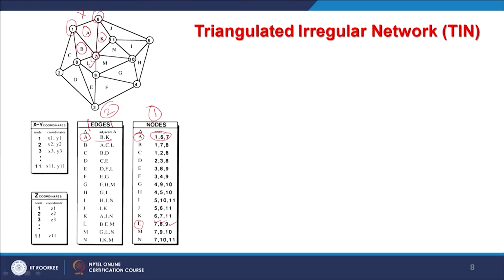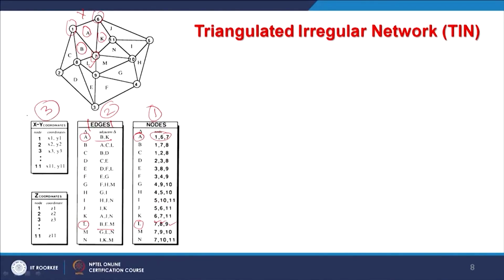But if I take triangle L as an example, then it has 3 edges because it is inside our TIN model: B, E, M. So for L, the B triangle, E triangle and M triangle, all 3 are adjacent, and the maximum you can have is just 3. You cannot have 4. A minimum you may have is 2. So I have taken both examples.